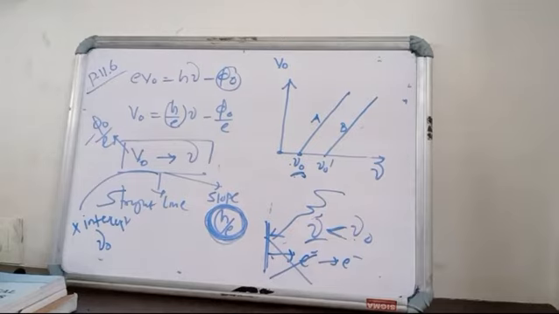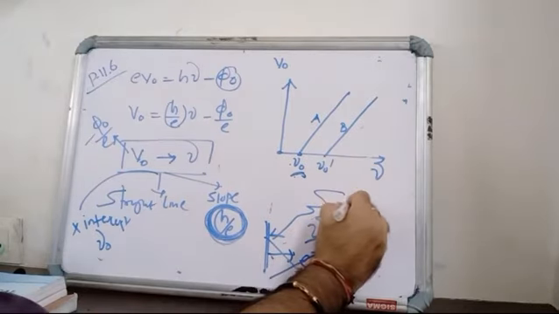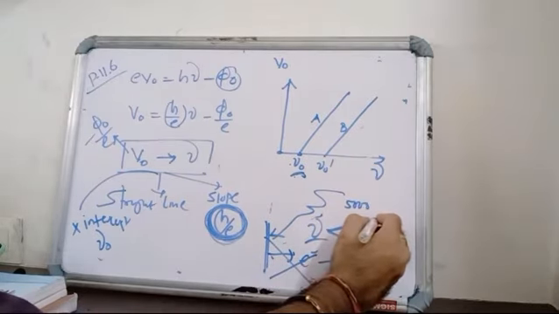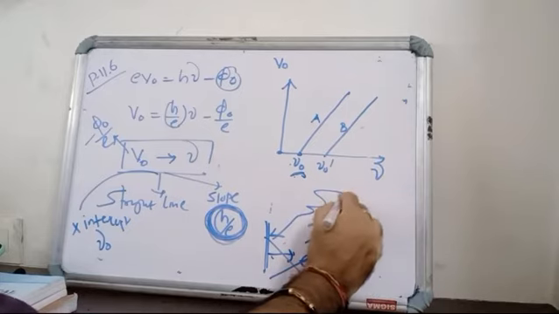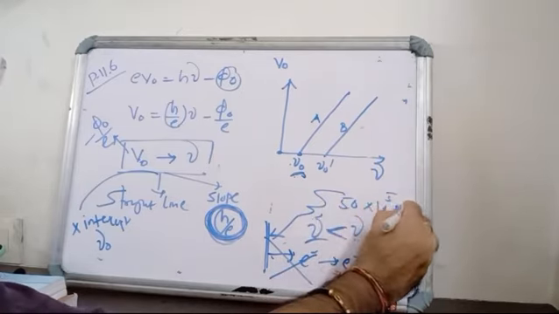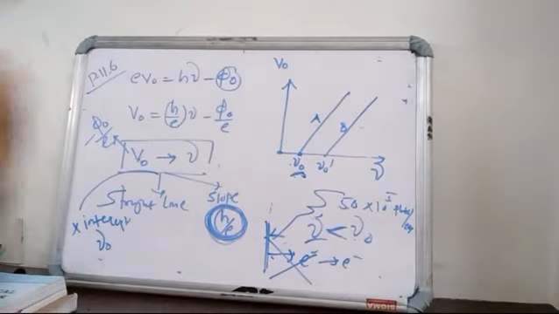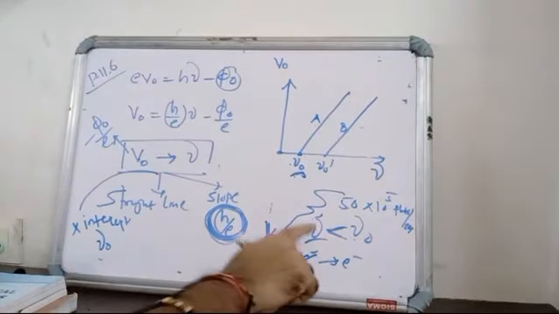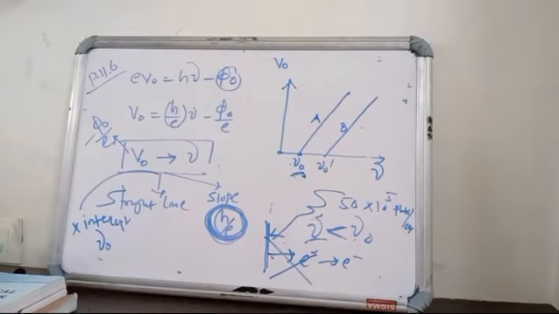Photoelectrons are not going to be emitted whatever the intensity, 5000 photons per second, 5 lakh photons per second, 50 lakh photons per second, however much intensity of light you strike here. But if nu is less than nu zero, the photoelectric effect is not going to take place. The minimum cutoff frequency nu zero is called the threshold frequency, and it is different for different metals, right?